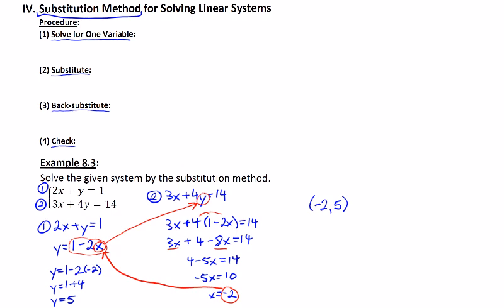And when we did that example, we went through the checking process to verify that negative 2, 5 actually worked. So I don't need to do that for this example, but that is an important part of the solving process, going back and performing an appropriate check. The only reason why we're skipping that here is because I've already done it in example 8.2. All we have here is just an algebraic method for getting to that result.